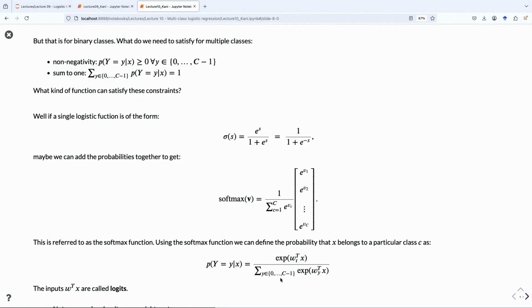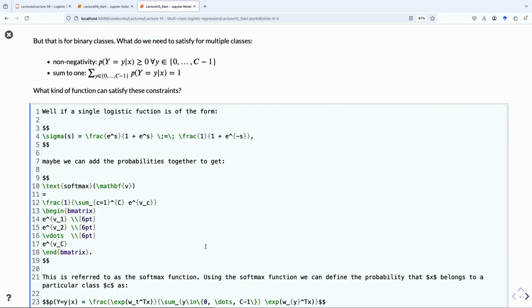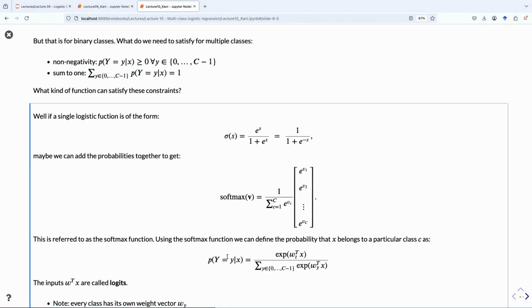So the sum over all labels is the sum of the exponential of w of label 1 times x, the parameters associated with label 2 times x, the parameters associated with label 3 times x, and so on. And then we have the numerator, which is simply the exponential of that linear function, the exponential of the parameters associated with some label t times x.